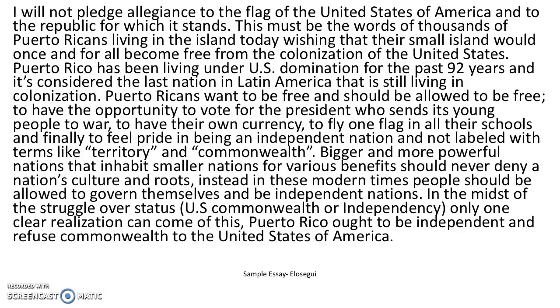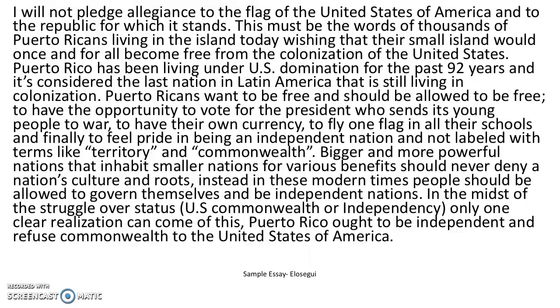for the president who sends its young people to war, to have their own currency, to fly one flag in all their schools, and finally to feel pride in being an independent nation and not labeled with terms like territory and commonwealth. Bigger and more powerful nations that inhabit smaller nations for various benefits should never deny a nation's culture and roots.